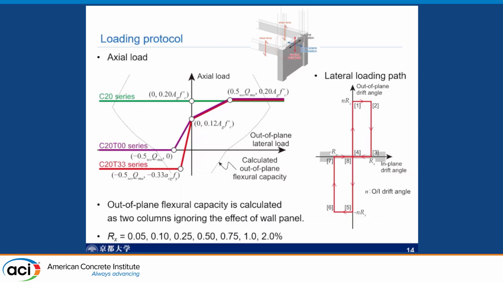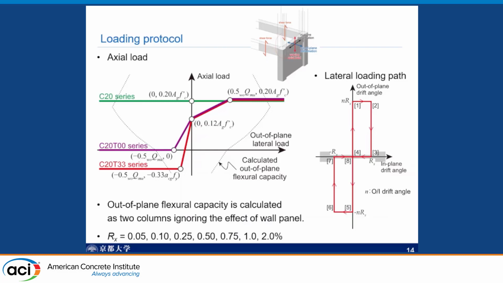So the axial load on the wall should have a relation to the shear force in the beams in the orthogonal direction. So the axial load is related to the out-of-plane lateral load. This is the start of the axial load.